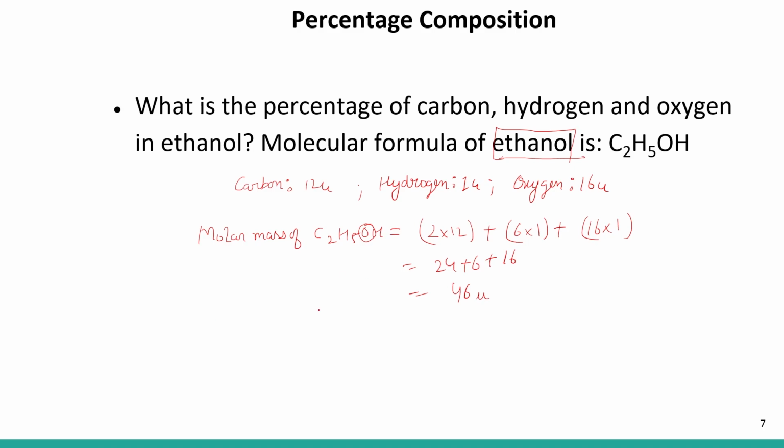So first we will calculate for carbon the percentage of carbon element. So how many carbon atoms are there? 2. The total mass will be 12 into 2, 24, divided by 46 into 100. We will calculate this and get the desired result, the percentage composition of carbon.